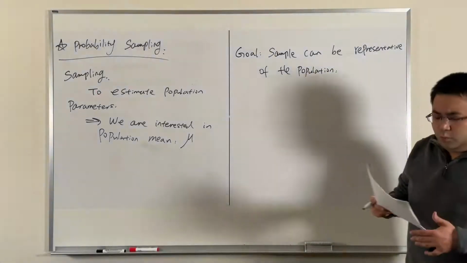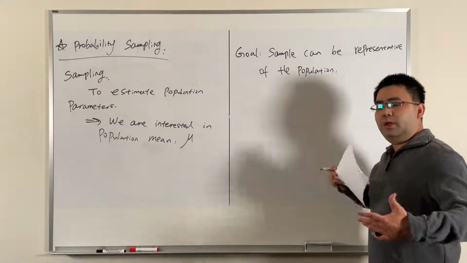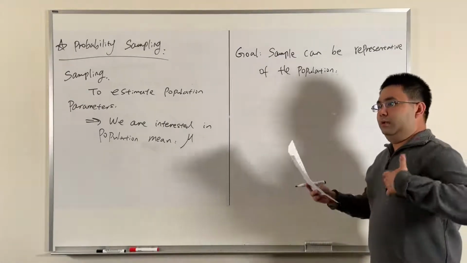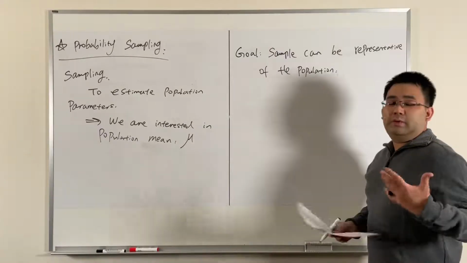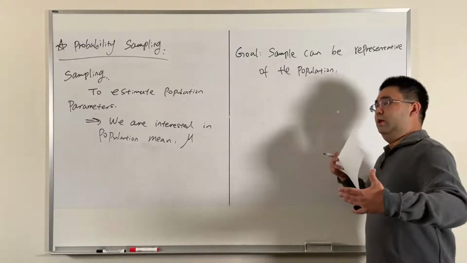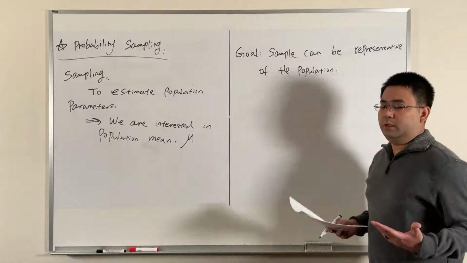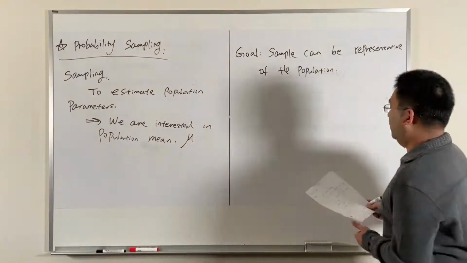Which means that the way you sample can make a huge difference. The way you sample can result in a set of samples that's representative or a set of samples that are not representative of the population. And you always want samples that are representative of the population.